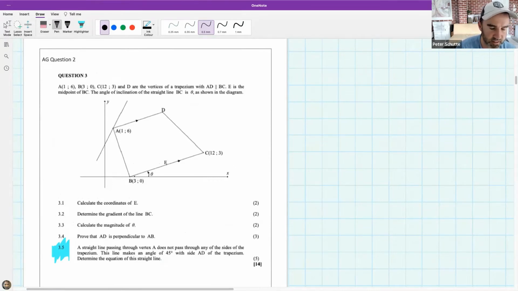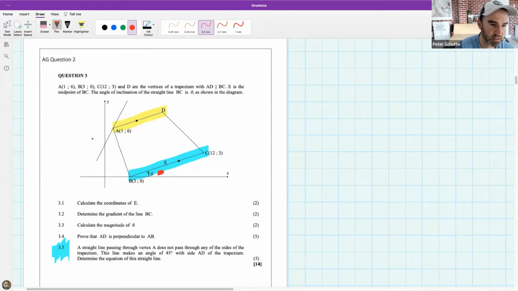The angle of inclination of this line over here, you can work out quite easily by using that tan theta equals m formula that I spoke about during the week and also mentioned at the beginning. What you need to know to do this question is that this line over here, because it's parallel, will have the same angle of inclination.